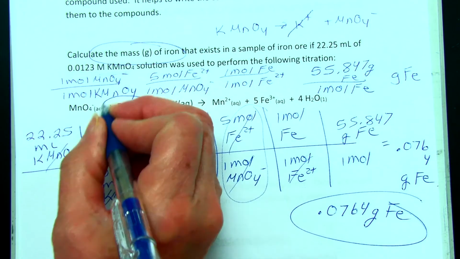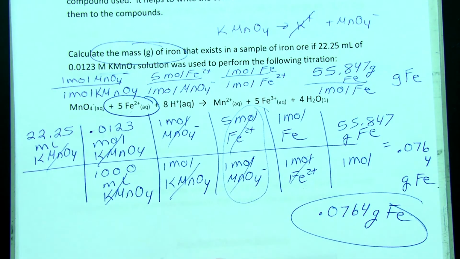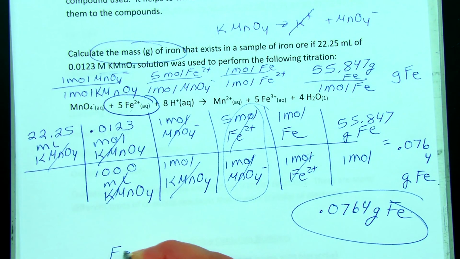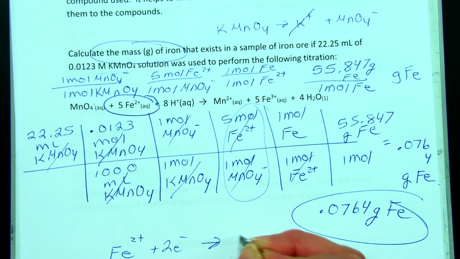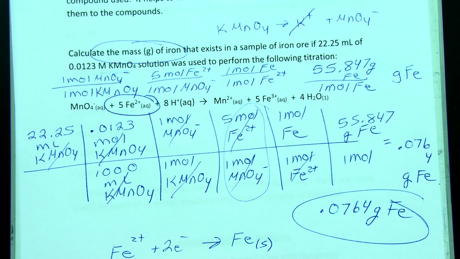Okay, because this ion is what was in my equation, and so I had to know that iron 2 plus grabs 2 electrons and makes iron solid. Now, we haven't talked about that yet. We're going to talk about that soon. But really, can you see that I get 1 mole of iron from 1 mole of iron ion?